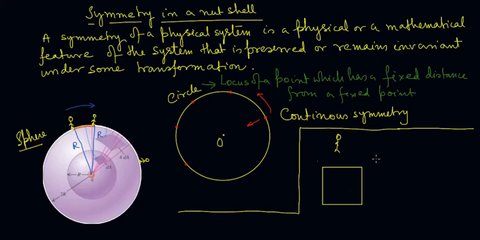Now if you rotate the square by 90 degrees about the center, it's like this. Let's take axes like this.